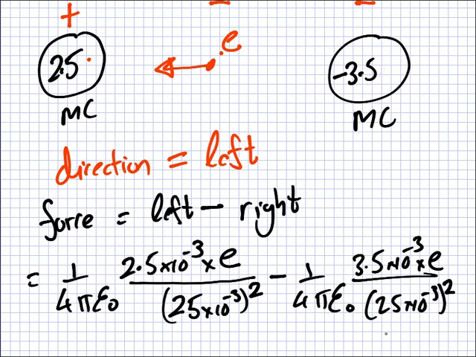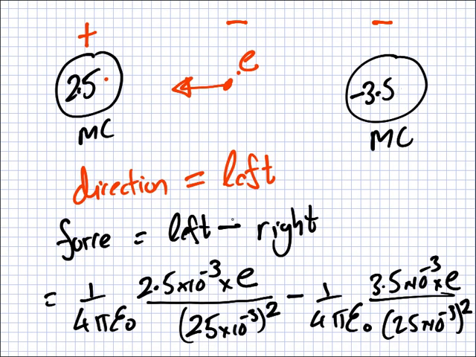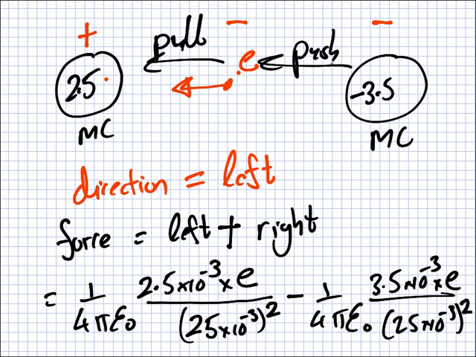Oh, bad teacher. I wrote left minus right, but that's wrong. It's left plus right. Because this one here is being pulled by that, but it's also being pushed by that. So it's a plus here.